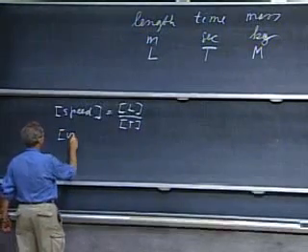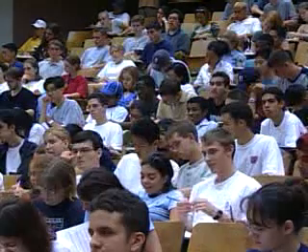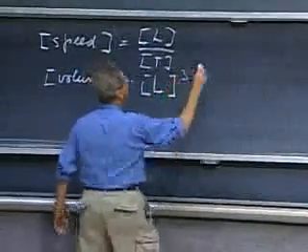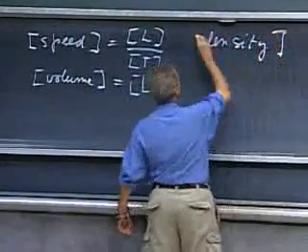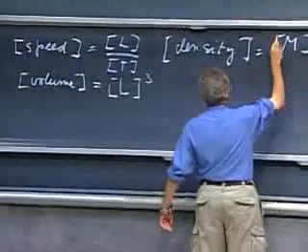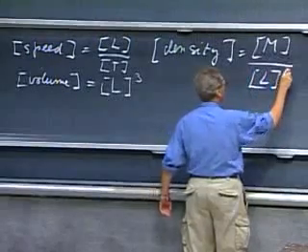Volume would have the dimension of length to the power 3. Density would have the dimension of mass per unit volume, so that means M divided by length to the power 3.